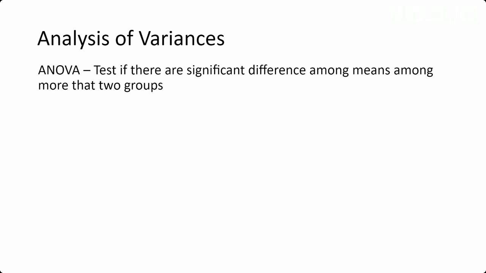But if there are more than two groups, you don't have to use a t-test. You need to use the ANOVA test. That's the one which is appropriate for testing means among groups more than two.